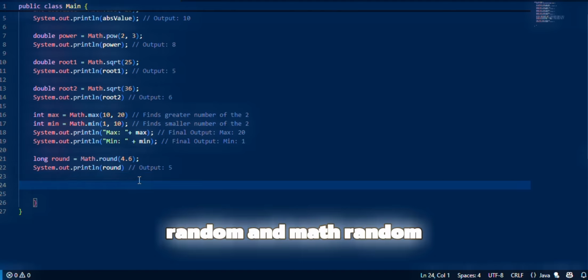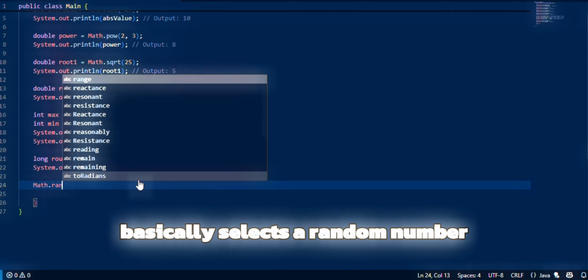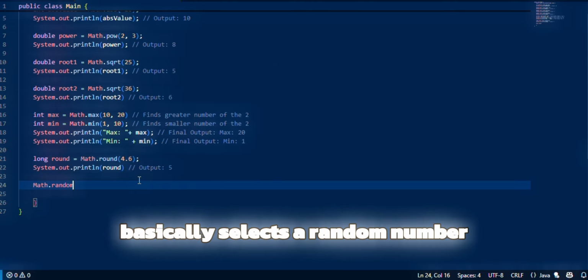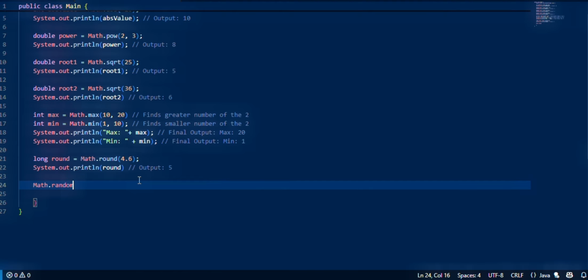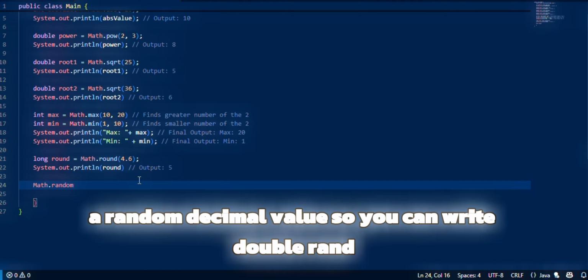The next example I will be talking about is Math.random, and this selects a random decimal value.